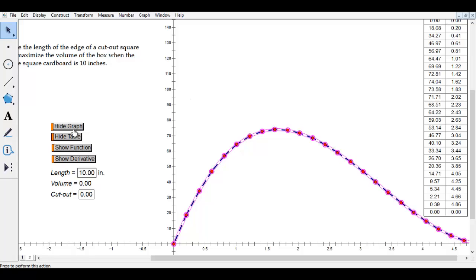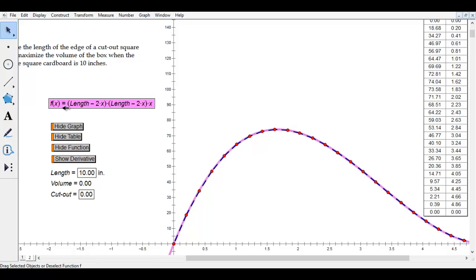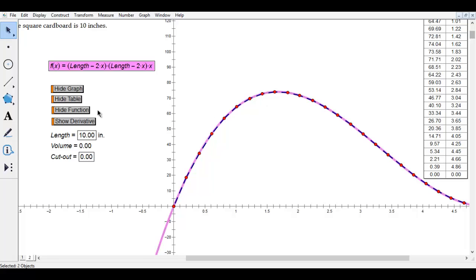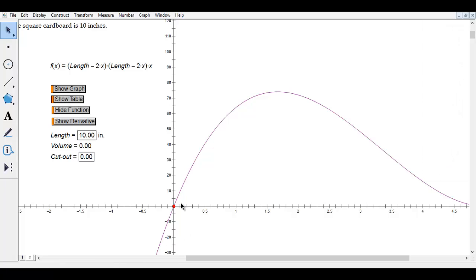Okay, and then I graphed the function, and the graph of the function overlaps with the tabulated data. So let's hide that graph right there in the table. And you can see this is the function right here. Okay, and then I want to show you the derivative of the function.